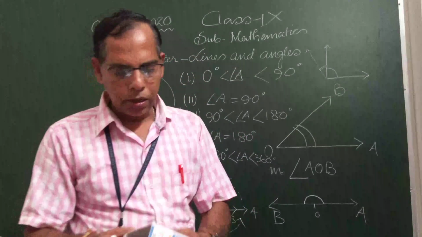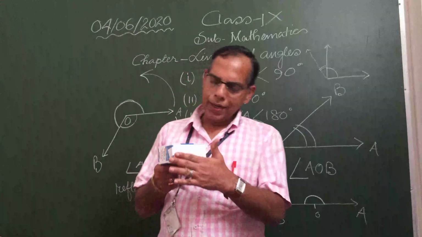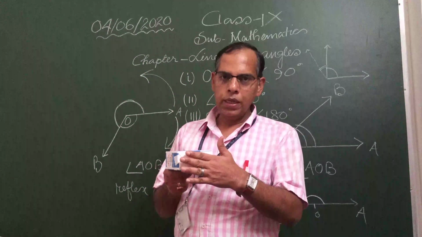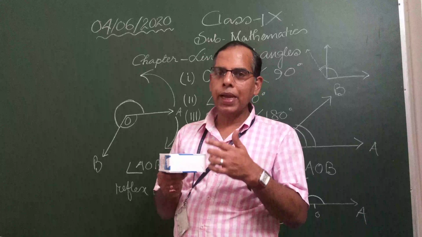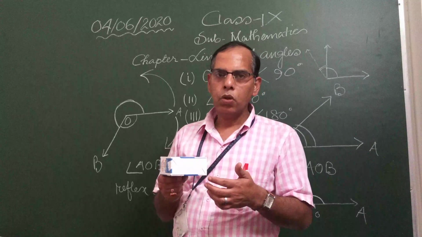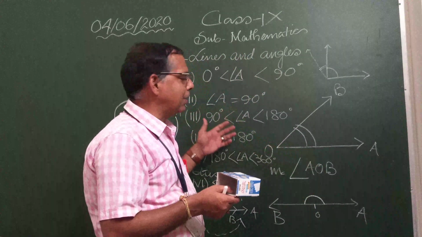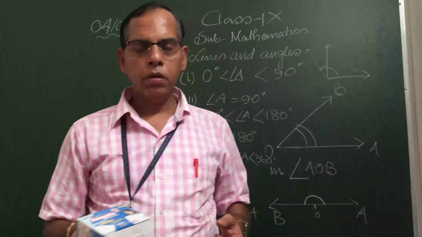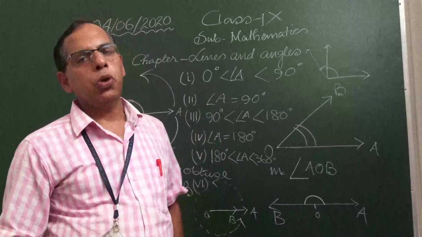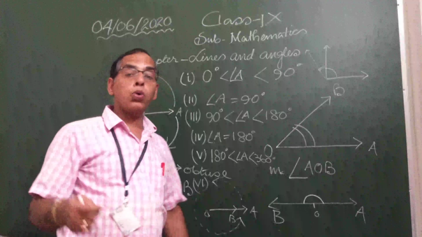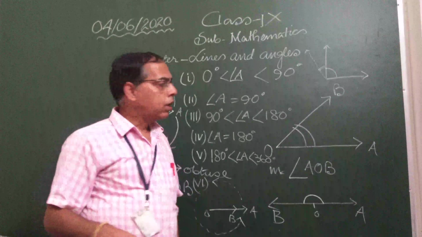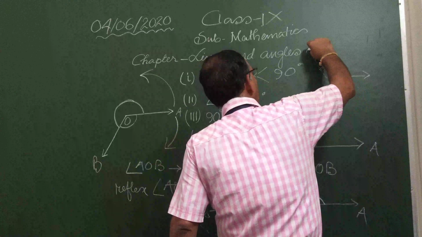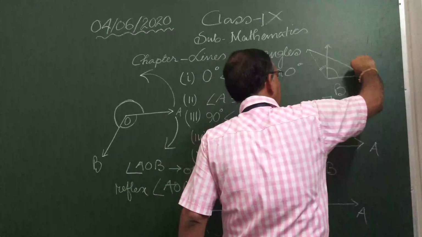Suppose this one is a rectangle, see each angle is 90 degree. Whatever angle is there is the application in that triangle. Suppose if I ask you how to draw an obtuse angle triangle? See, this is the obtuse angle triangle.